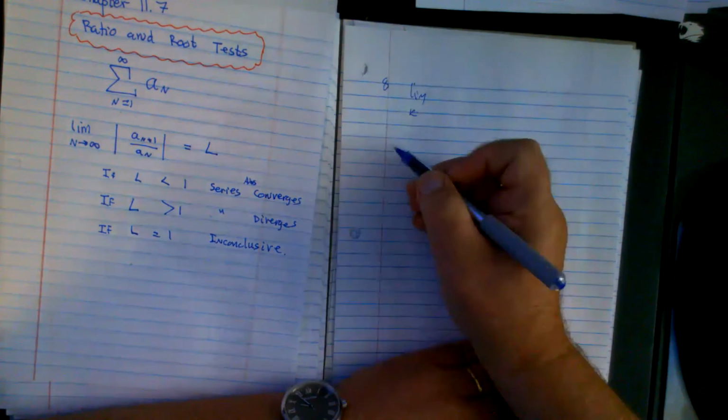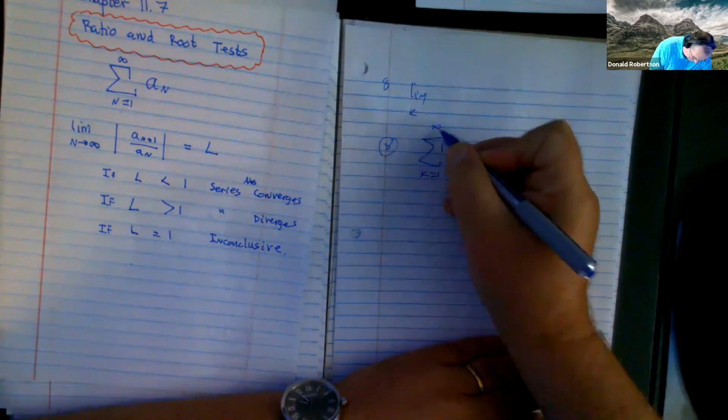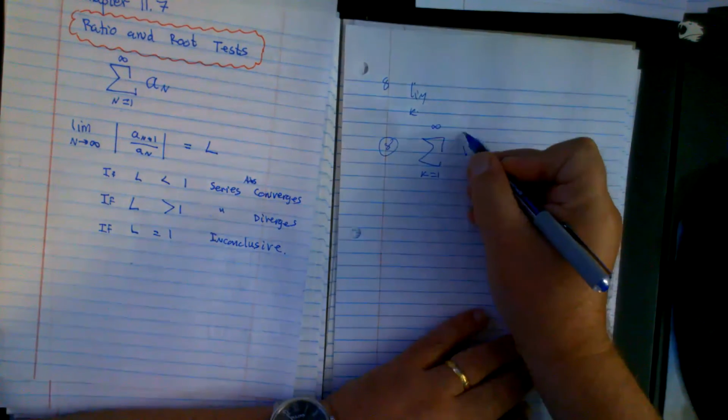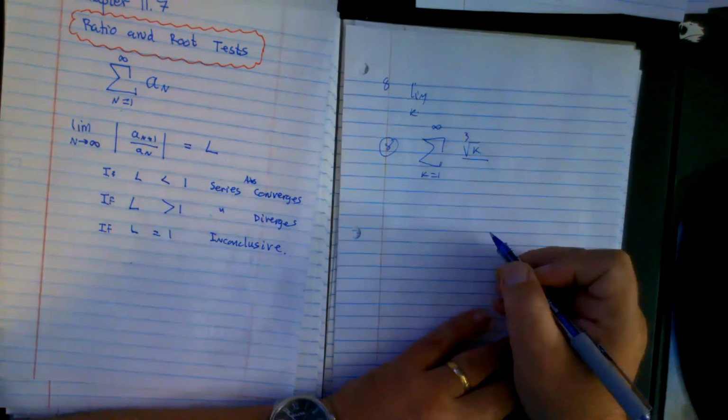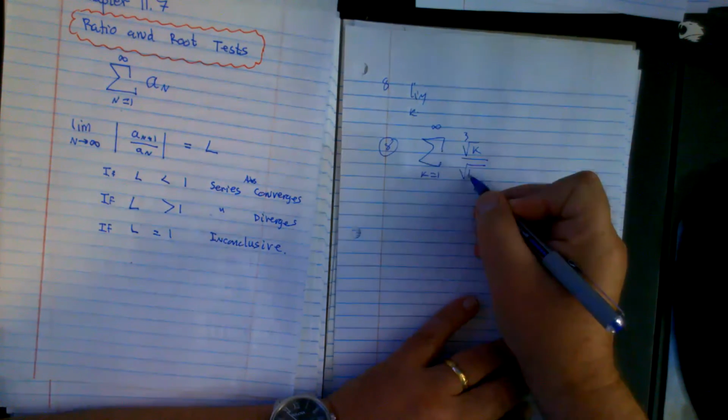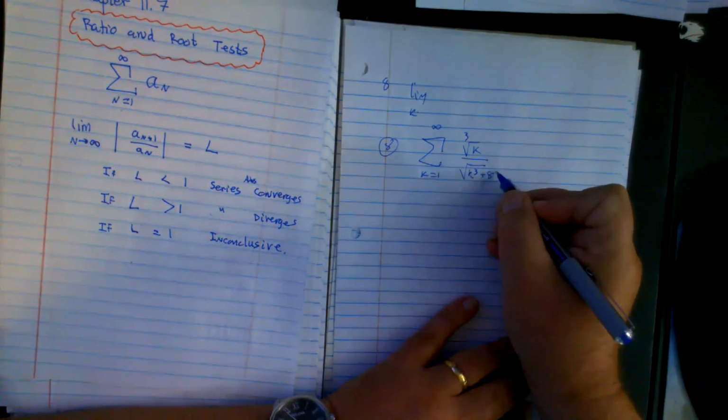Yeah, that's what I meant. Of the cube root of k over the square root of k cubed plus 8k plus 4.